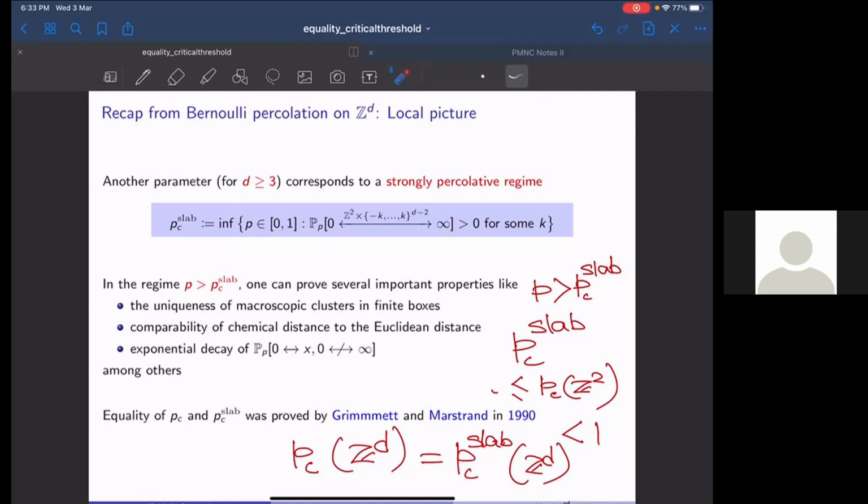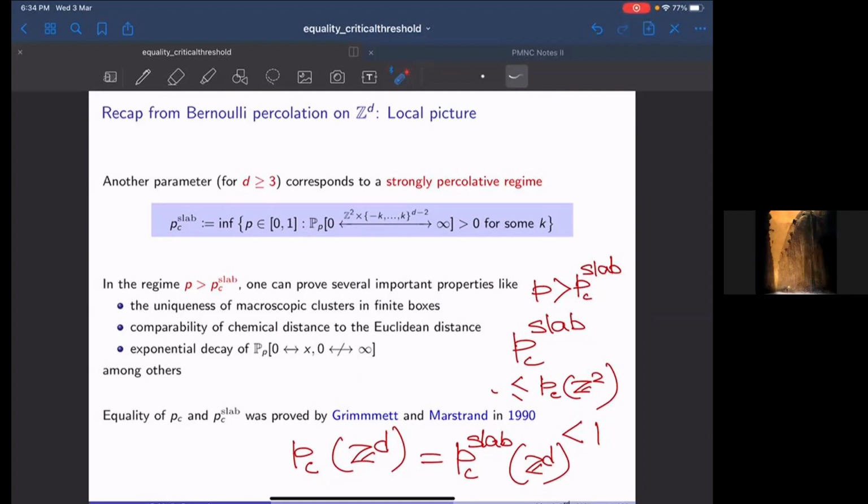What you're saying is also morally correct, but for non-amenable graphs like that, you essentially have a regime which is not strongly connected. For example, what you can do with this p_c slab business is prove local uniqueness properties and things like that. But for these graphs, p_c and p_u are strictly different. So what you are saying is kind of a finite volume analog of that, and that's very true.